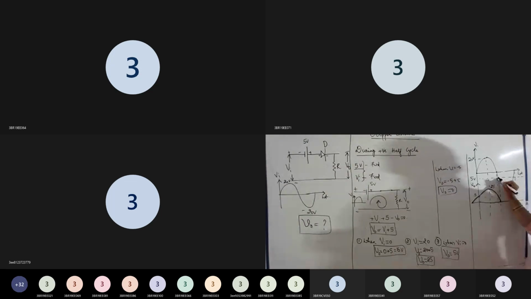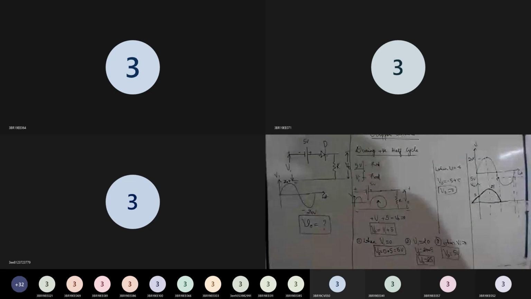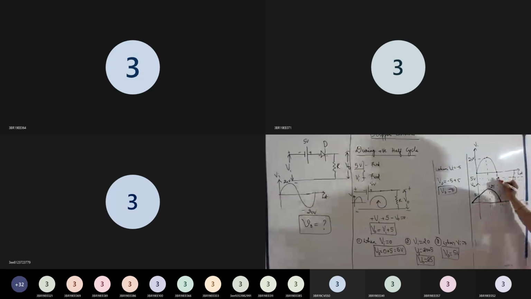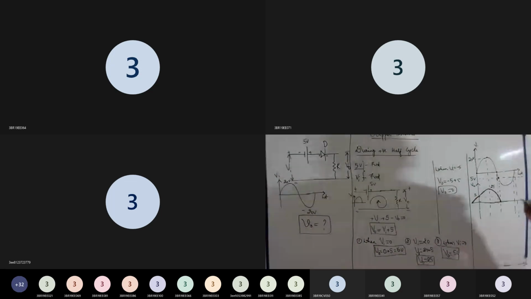So we have come till here. From this point to this point is one region, agree? In the previous class I have told, no? This is one region. What is this region?